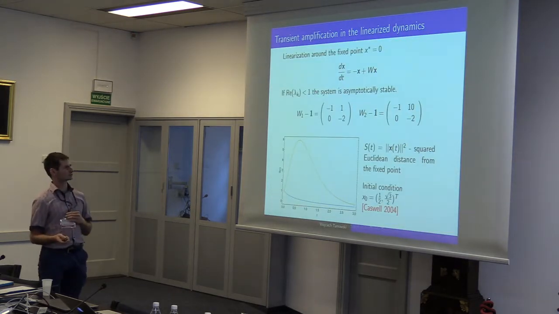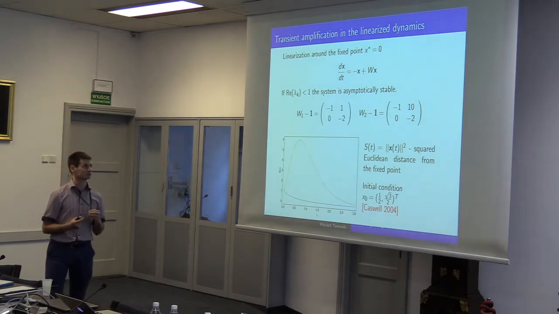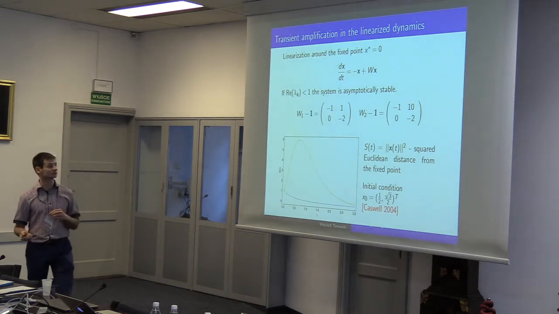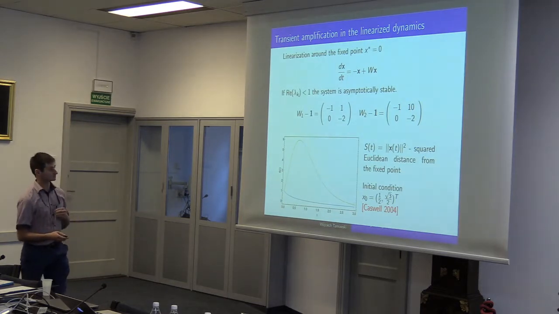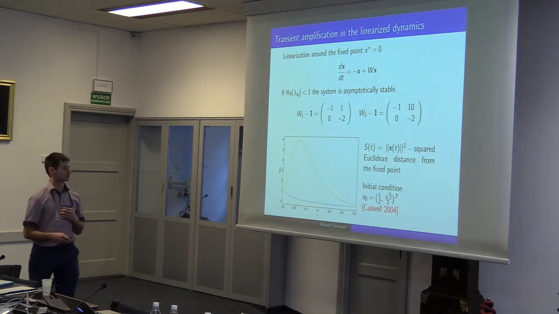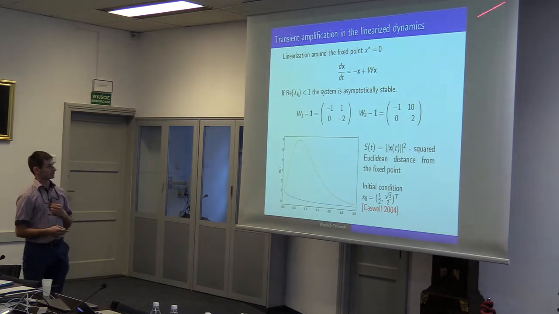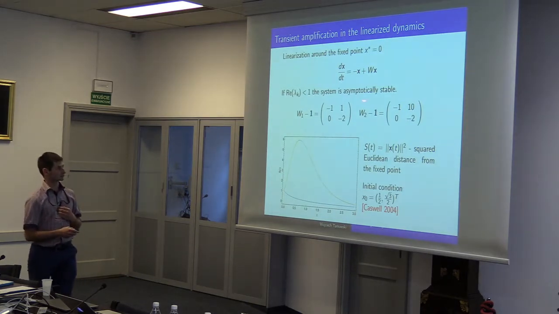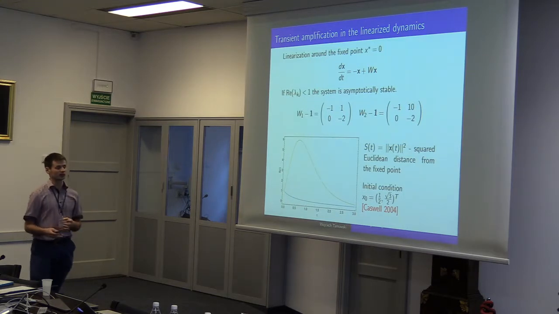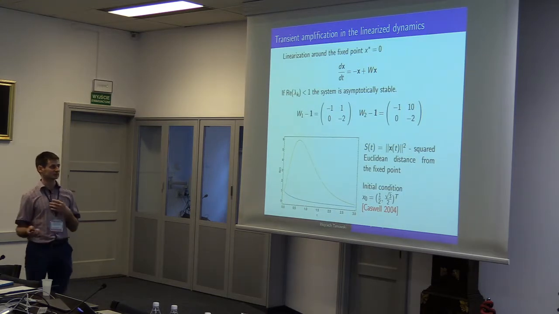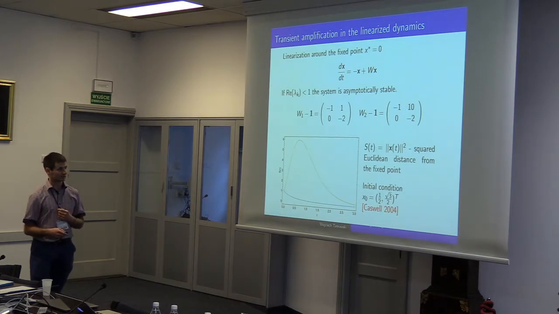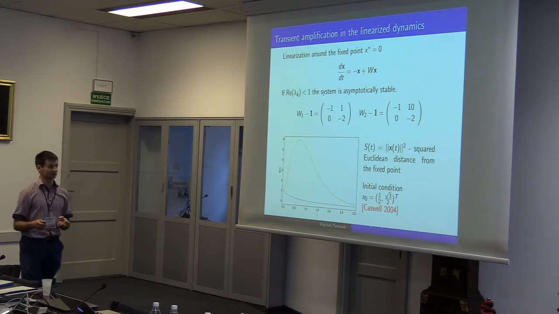Okay, so let us consider the dynamics of this neural network, but close to the fixed point, which was stable at the beginning. It may happen that even though the eigenvalues of this weight matrix, which govern the asymptotic time dynamics, are the same, the early time dynamics of the system can be completely different.